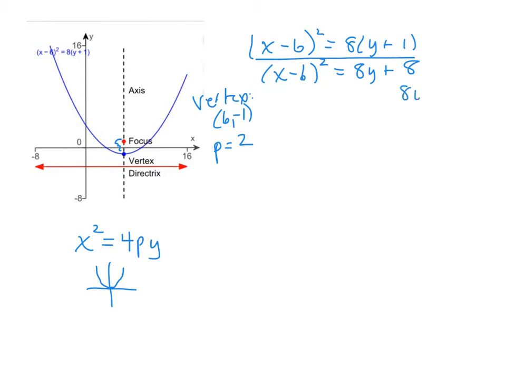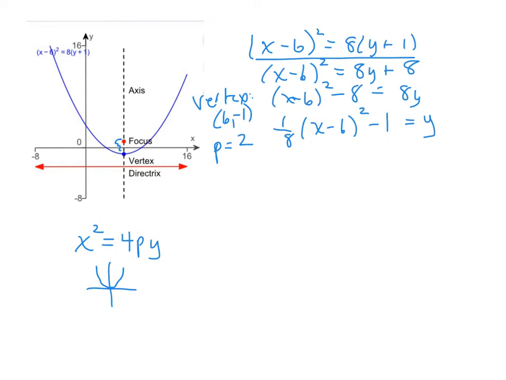If I move my 8 over, I've got x minus 6 squared minus 8 equals 8y. And solving that for y, I would have 1 over 8 times x minus 6 squared minus 1 is equal to y.